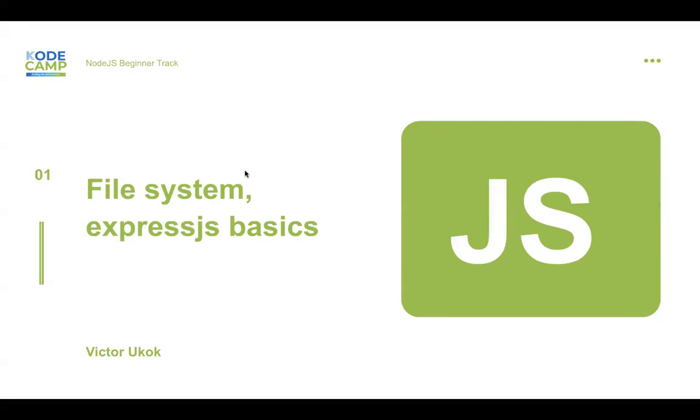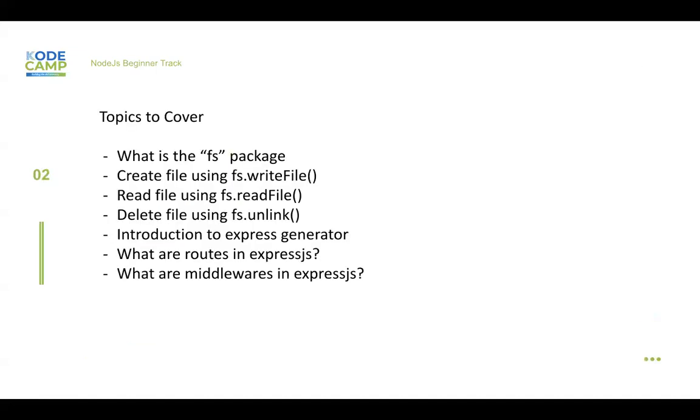So in this class, we'll talk about what the FS package or FS module is and how it can be used. We'll see how we can create files using the fs.writeFile function, read from a file using fs.readFile, and delete a file using fs.unlink.